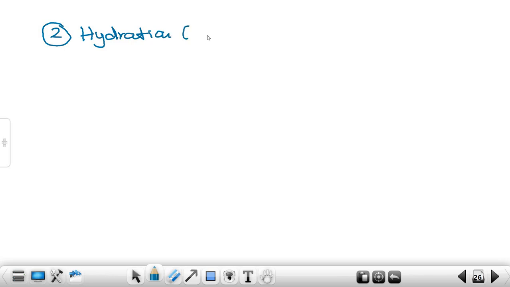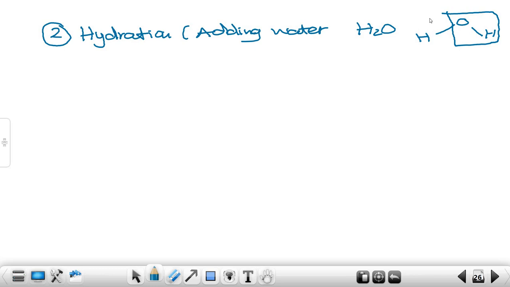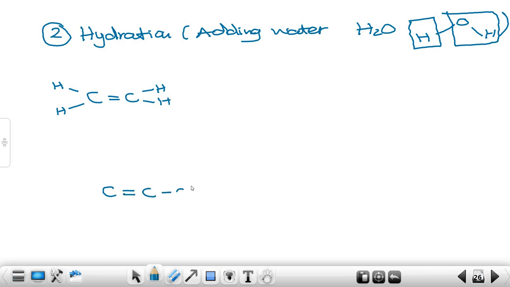In hydration, we are adding water, H2O. We also know that this structure is going to divide in two, such that the OH joins on one carbon and the hydrogen bonds on another carbon. So let's first take this as an example, which is ethene. And then I will do a second example to bring in now the rules of hydrogen, so that we can see what happened.